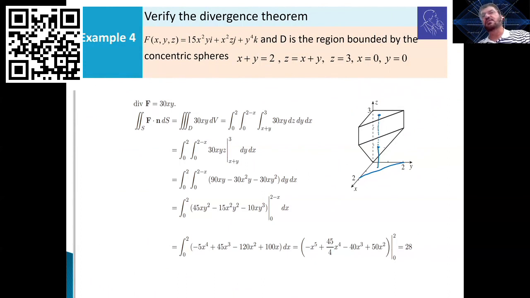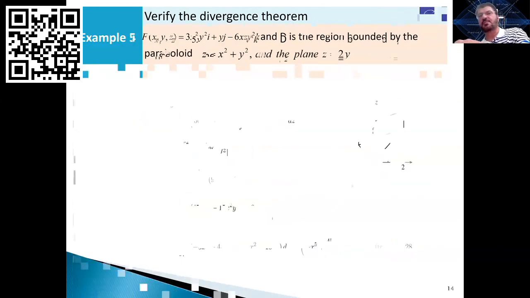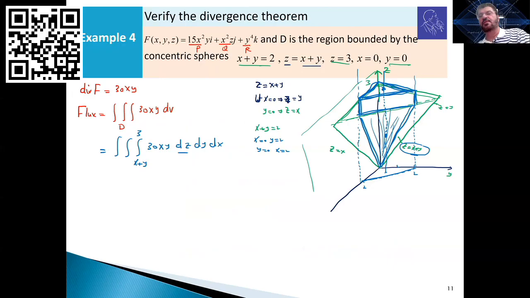So this is z equal x plus y, which I graphed, and this is the plane z equal to 3. All righty. How about the base here? Look at the graph here. What do we have from the base? Y is 2 and x is 2.